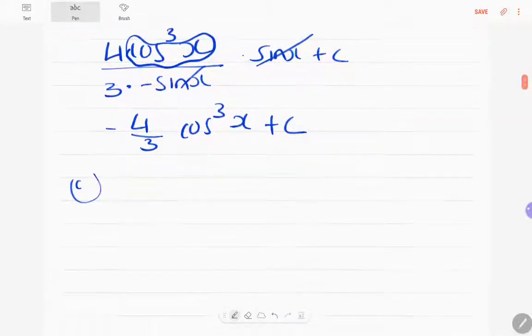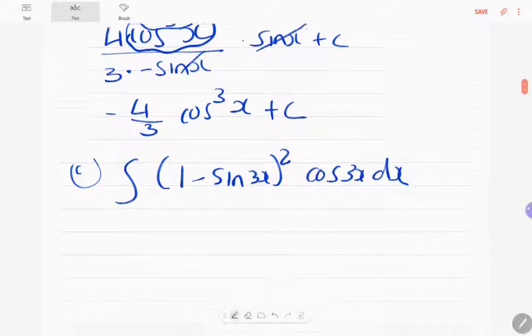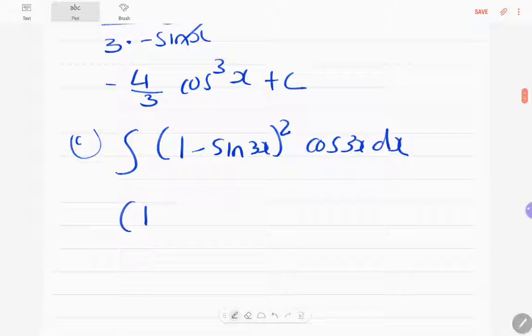The third one, integral of 1 minus sine 3x squared cos 3x dx. We'll take this one, we copy whatever that we have. Sine 3x squared, 2 plus 1 is 3 all over 3 multiplied by, what is the derivative of minus sine 3x?